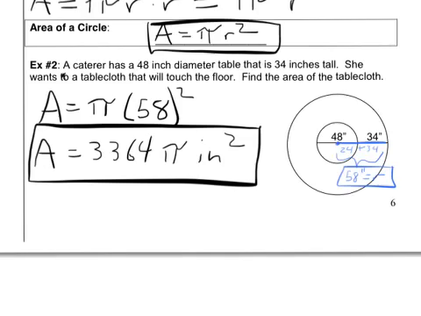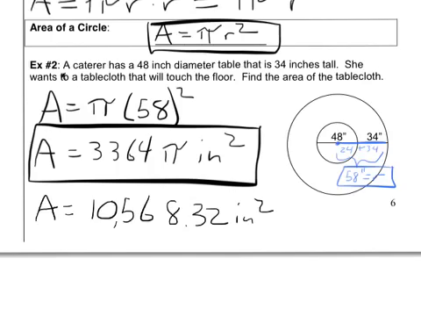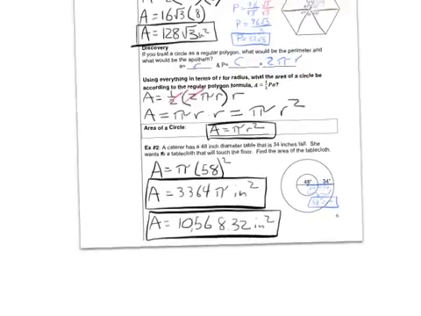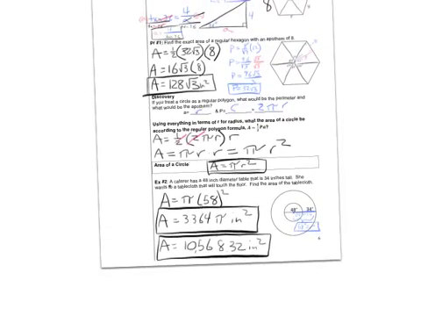But if they asked you to round to a near decimal, you could by just plugging it in your calculator and multiplying it by pi, and you'd get something like area equals 10568.32 inches squared. And that answer works as well, but I like to just stop here as long as they don't tell me to round to a decimal, because that's an exact answer and it's just a little bit easier to get to. So I'm done. Alright, let's go on to the next page.